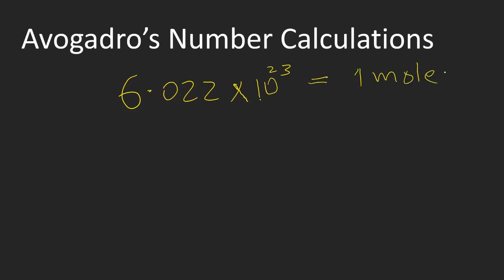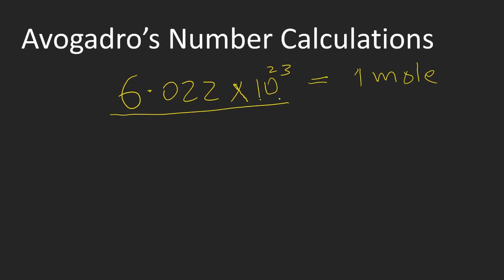Just like 1 dozen means 12 things. For example, 1 dozen apples means 12 apples, 1 dozen pencils means 12 pencils. 1 mole of any substance means this many particles, 6.022 times 10 to the power 23.